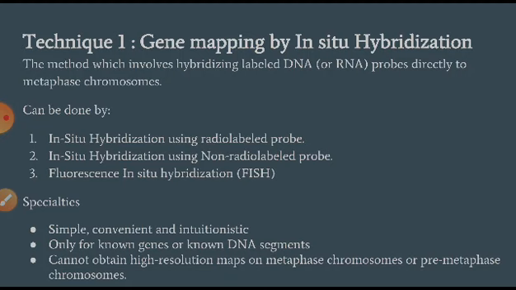In situ hybridization using a radio labeled probe. In that, what you need to do is take a particular cell and identify that DNA sequence in it, and apply the probe to that particular gene. The probe usually has fluorescent colors or some kind of markers placed inside.